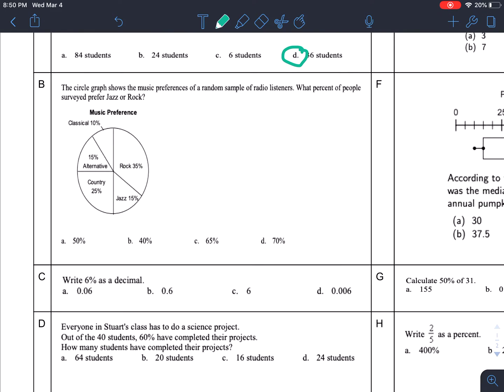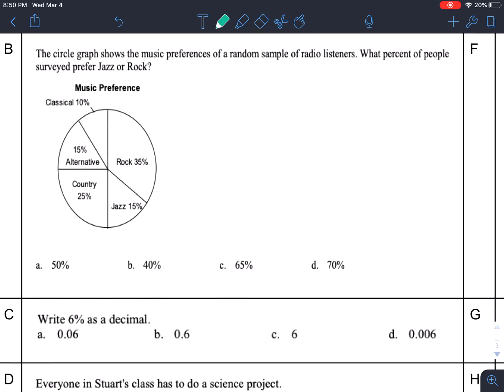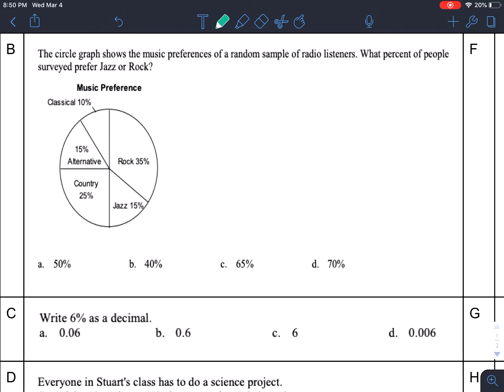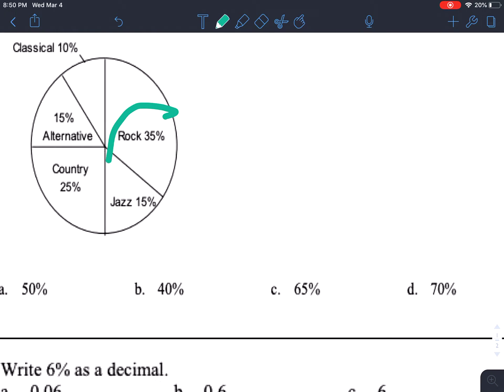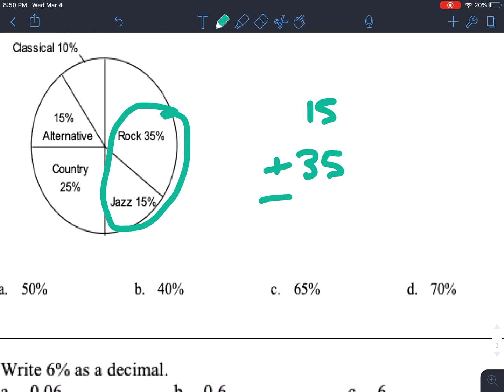Question B. The circle graph shows the music preferences of a random sample of radio users. What percent of people surveyed preferred jazz or rock? So all you got to do for this one is look at the graph and say, okay, jazz and rock. Jazz was 15%, rock was 35%. I need to add them together. Okay, you can do that in a calculator. I got 50.